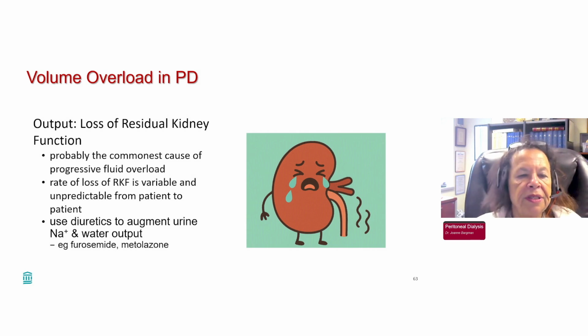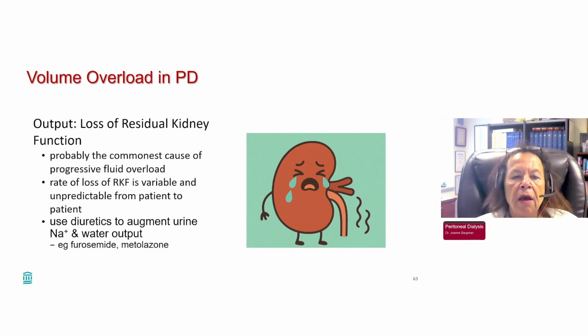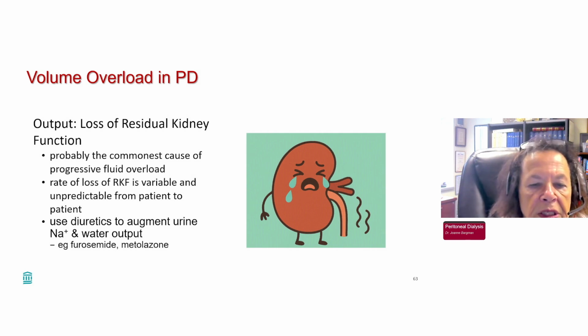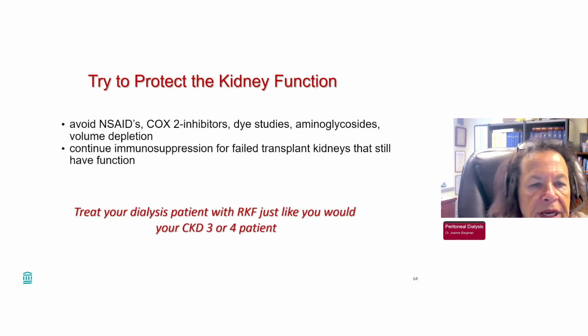I have patients right now who have been on PD for 10 years and still have between 500 and 1,000 mils per day of residual kidney function. Plus, you can use diuretics to augment urine salt and water output, such as loop diuretics or even metolazone, as long as the patient has got some residual kidney function.